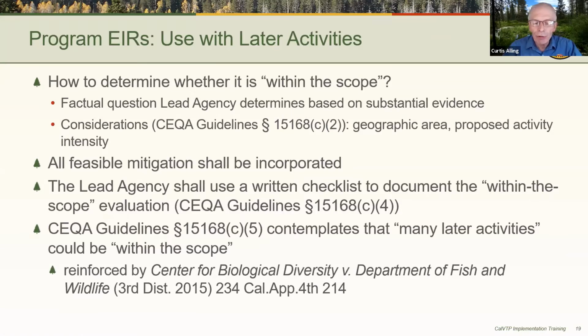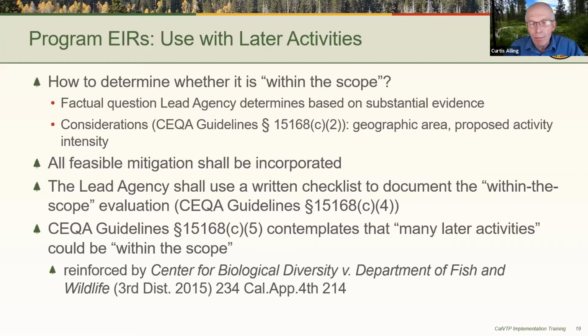Now, as I mentioned, the most streamlined process for qualifying later activity is the within the scope finding. The guidelines say this is a factual question, and the lead agency determines it based on substantial evidence. So what this creates is a benefit of using the substantial evidence legal standard if there are opponents who object to the approval of a later activity relying on the program EIR.